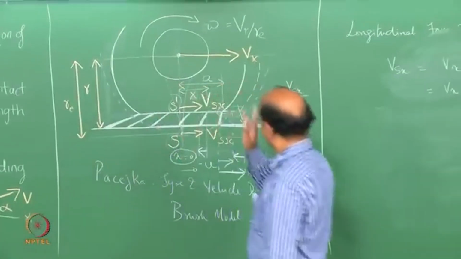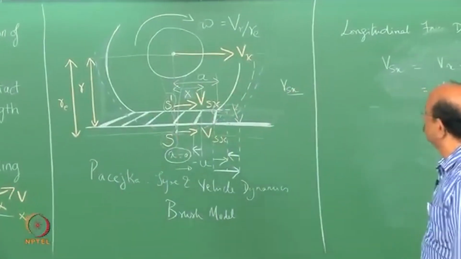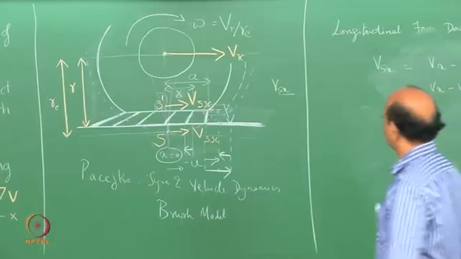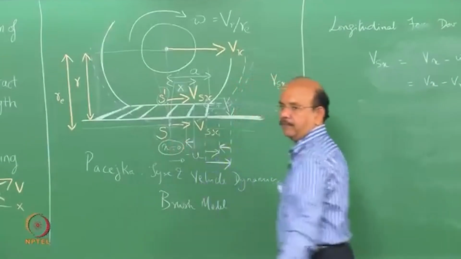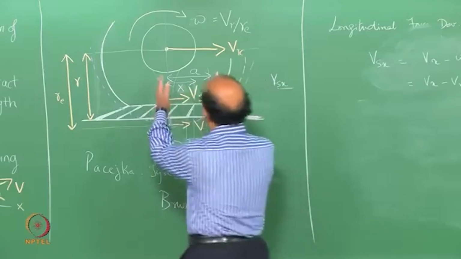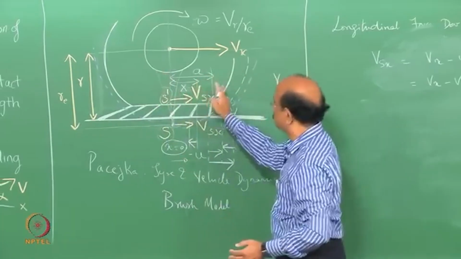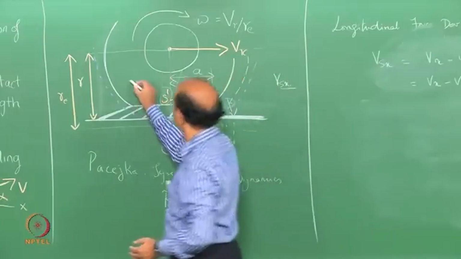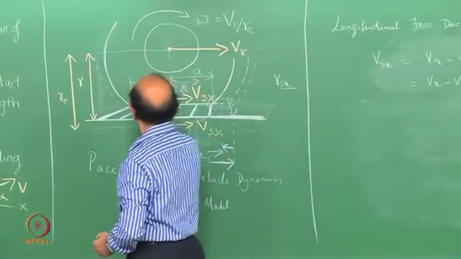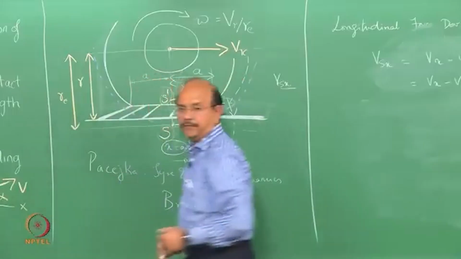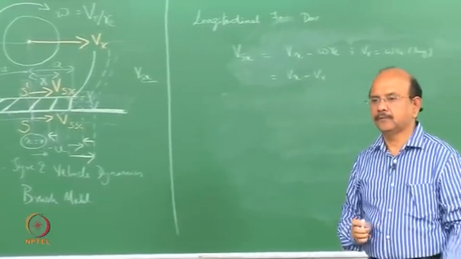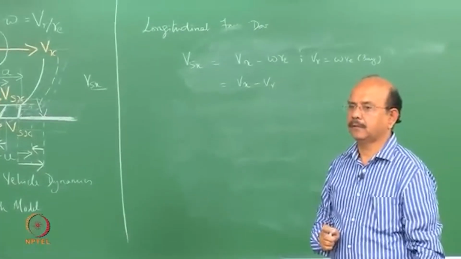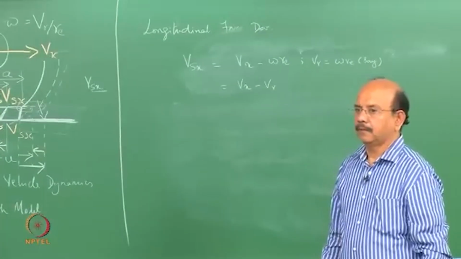I know this is a very busy picture, we will understand it slowly. So that's x is equal to 0, this is the positive x direction, and this contact patch is plus a and minus a, that is, a on either side of 0.